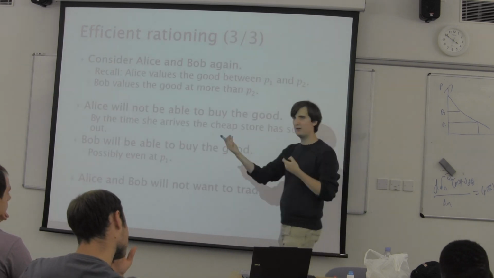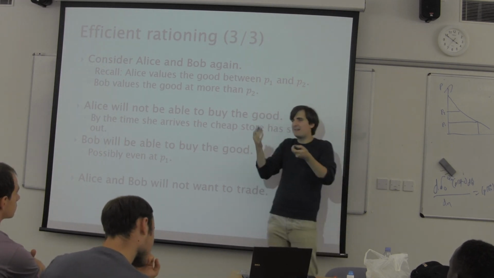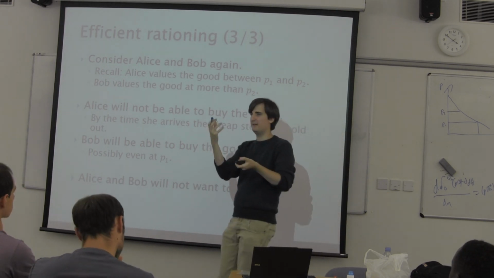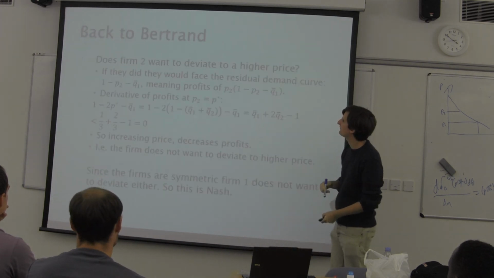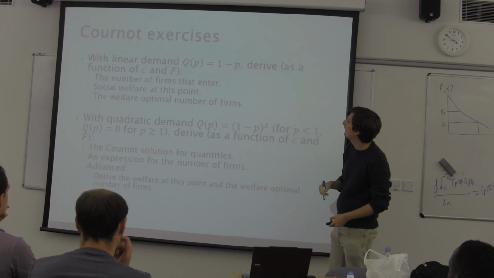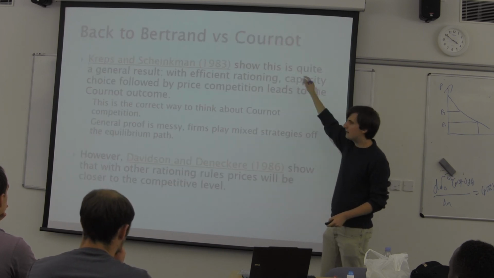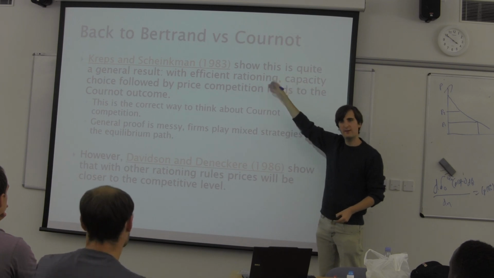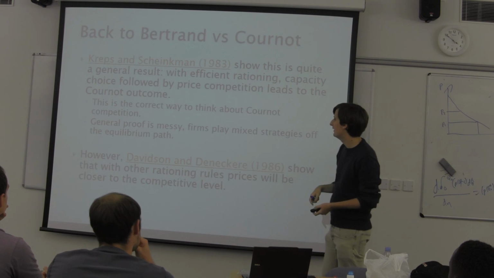So really, Bertrand and Cournot, they're not alternatives. You can't really make sense of Cournot without this second stage pricing. This is quite a general result. You can always think of Cournot as this two-stage game, quantity then price setting.